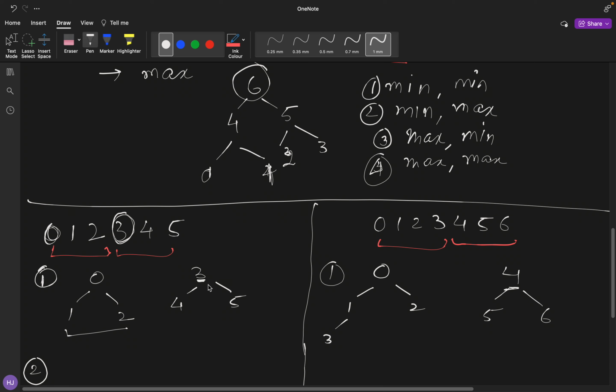So I am able to easily get my middle value on the top in this min heap, in the second part where all my integers with greater values are stored, right?